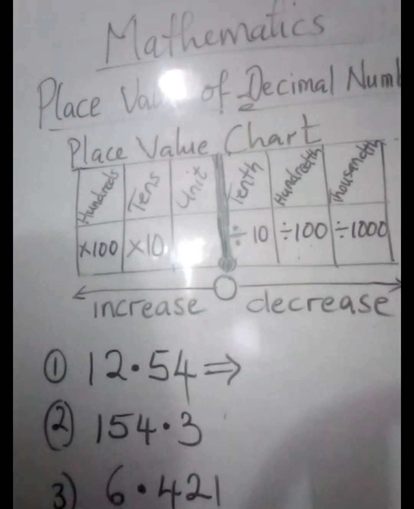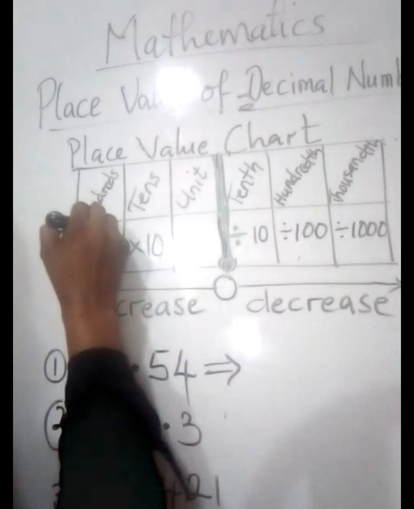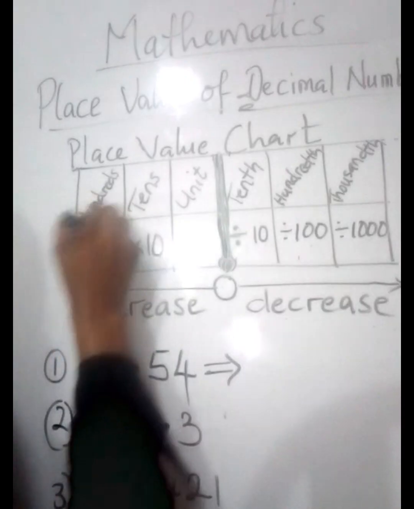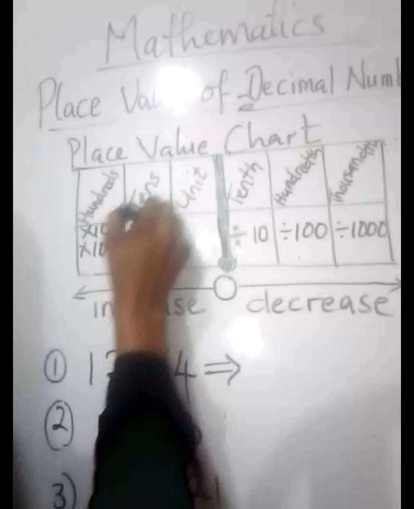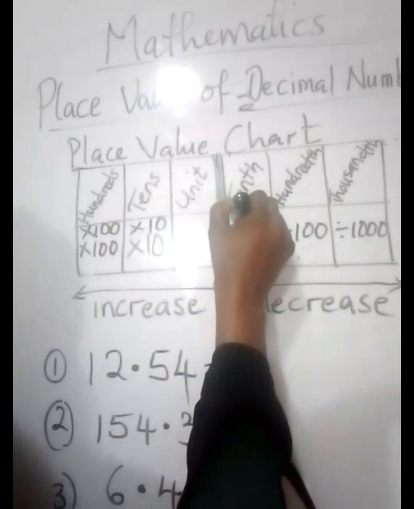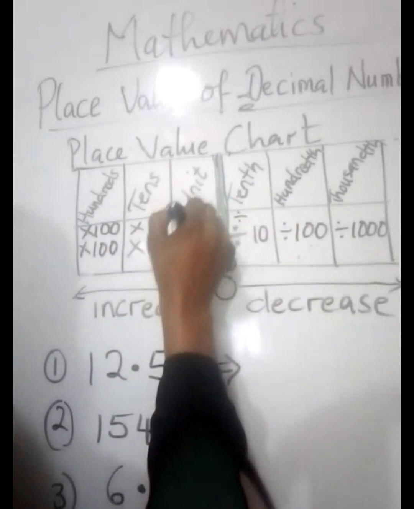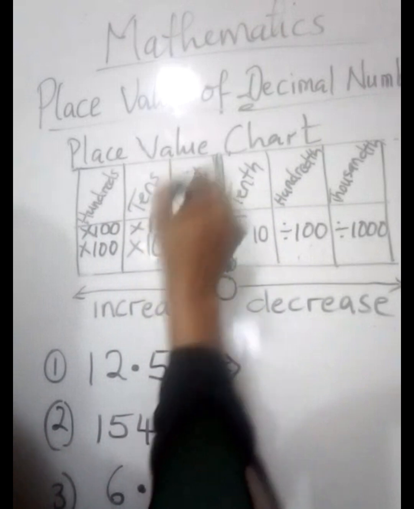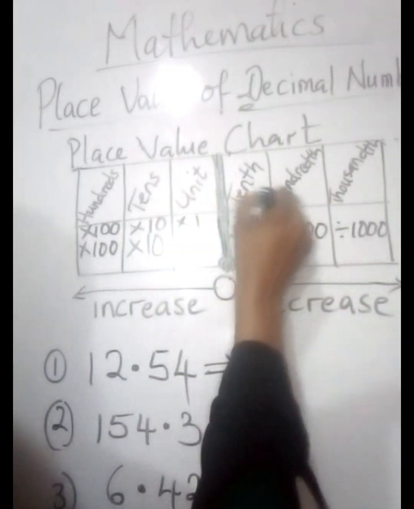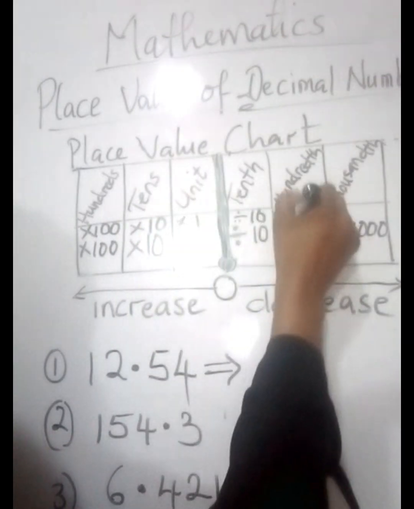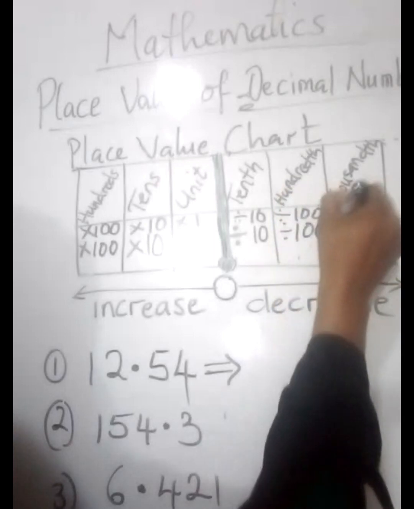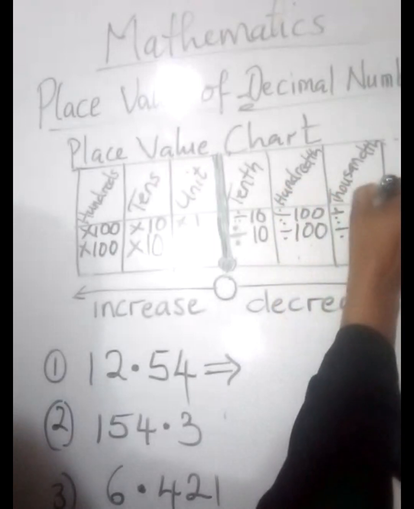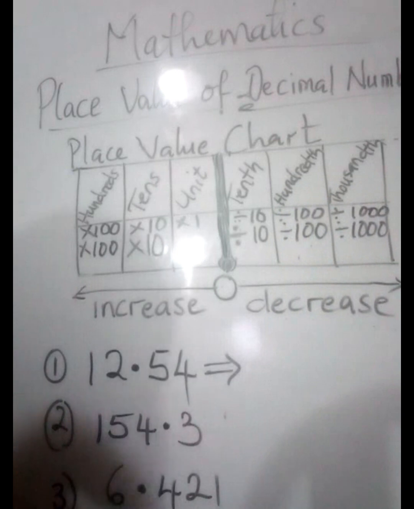Or better still, let me see if I can move this up. Times 100. I hope you can see this. Times 10. This is times 1, which is the same thing. This is divided by 10. Divided by 100. And divided by 1000.